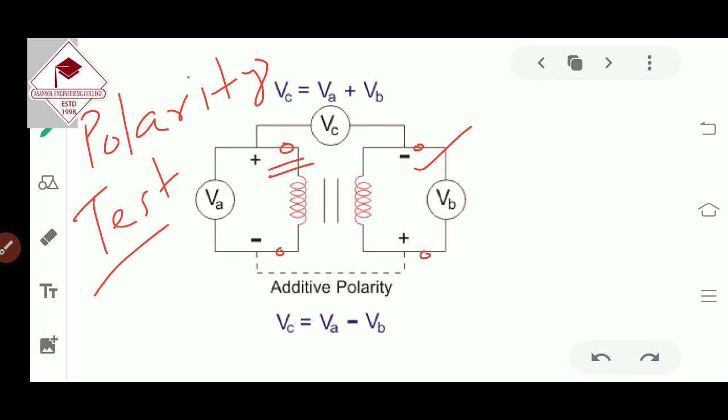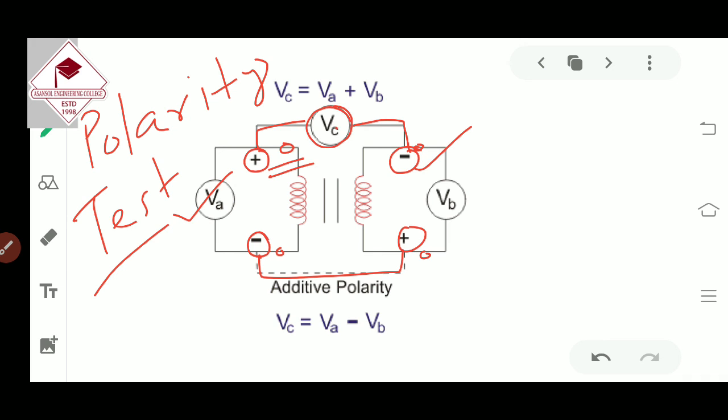This is the connection. Here VA is showing the voltage between these 2 points, right? And VB is showing the voltage between these 2 points. Now simply we are connecting this one, and these 2 terminals are also connected through a voltmeter.